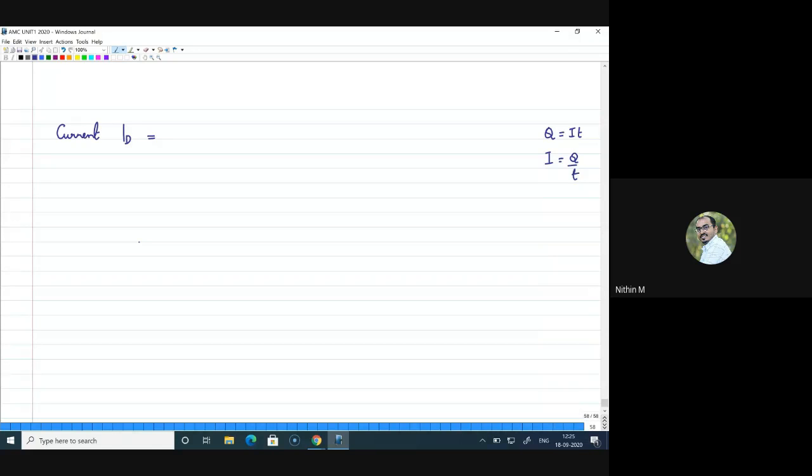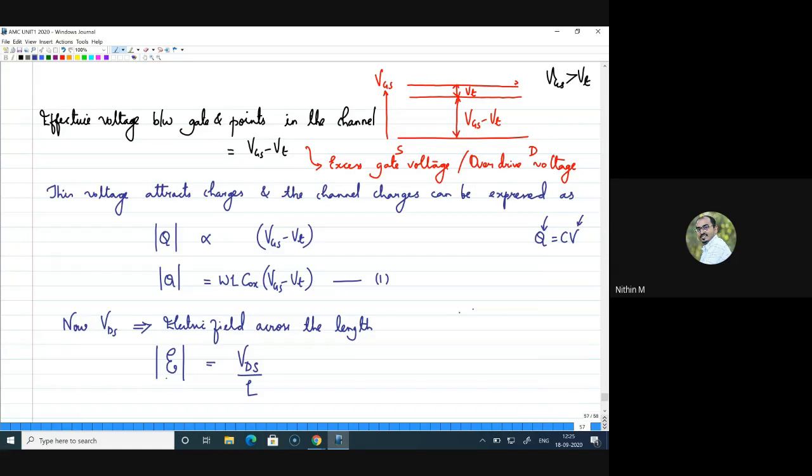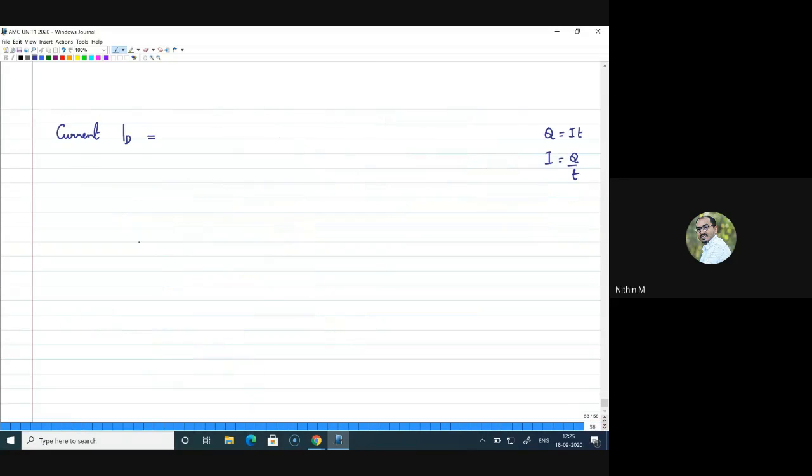That is obtained again by writing the velocity of the charges which are moving, right? Since we have applied a voltage, that is establishing an electric field that will result in movement of charges. That means when the charges start moving, there will be velocity, right? So now I can write the velocity.